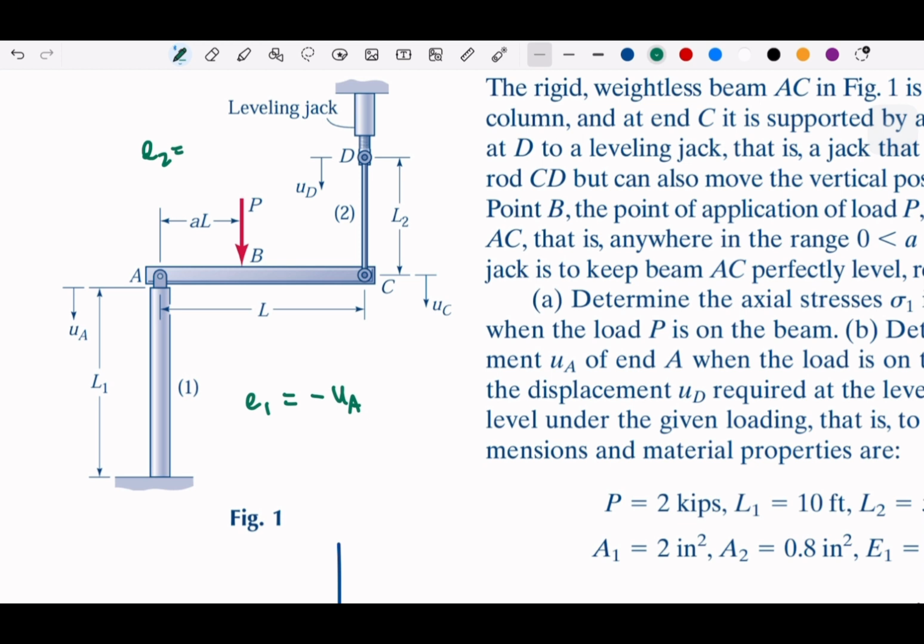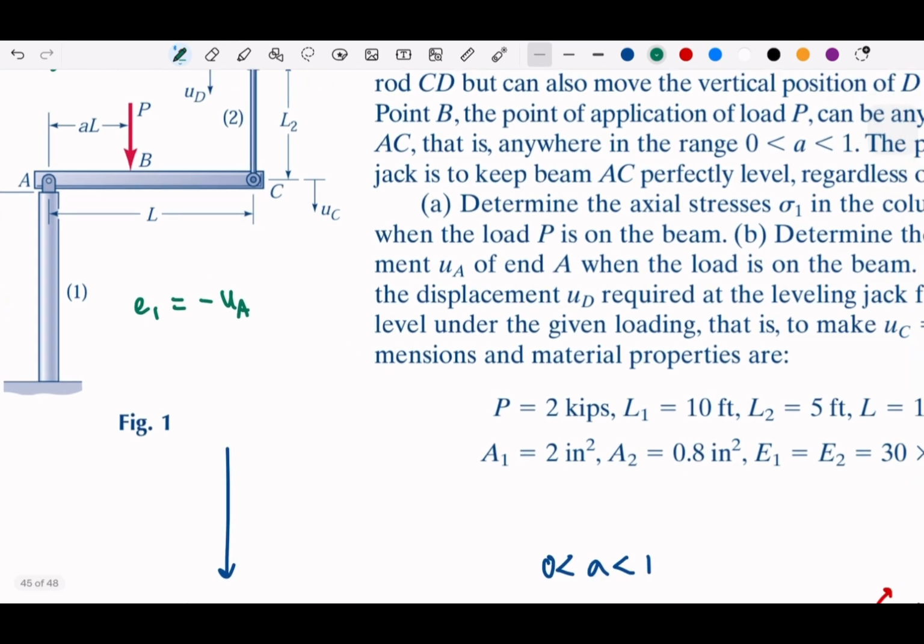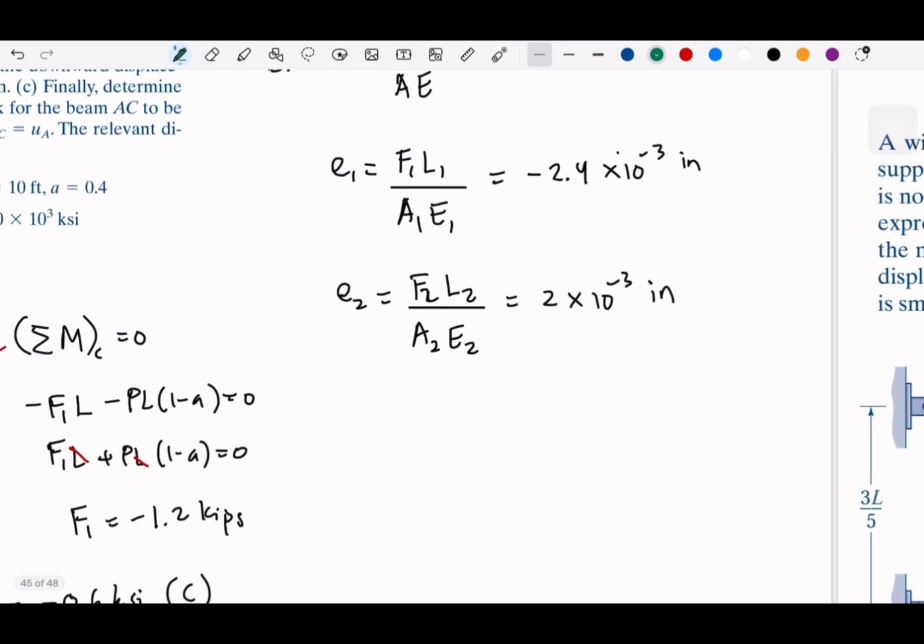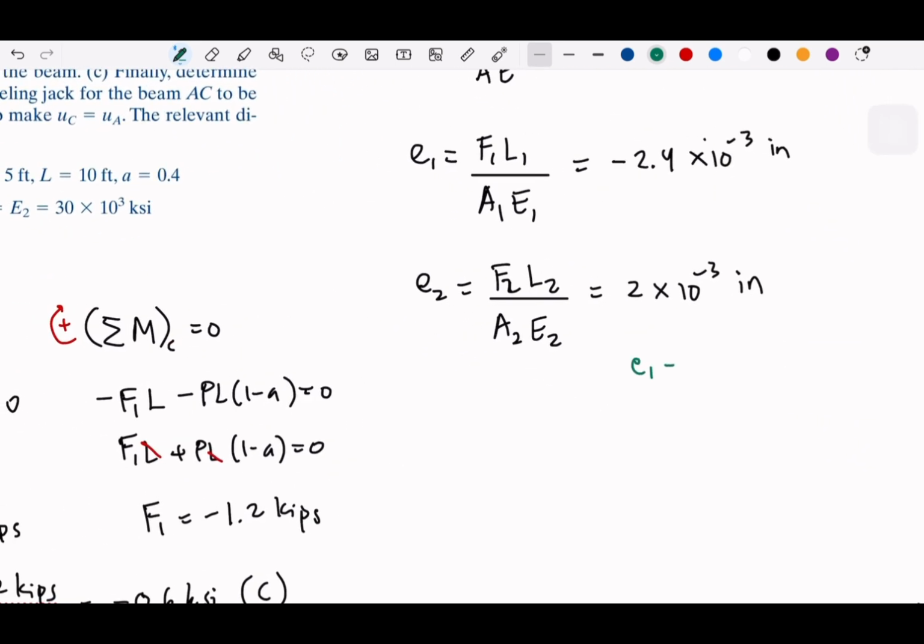If something is shortened on this side, then this is going to be over there, and this will be leveling the AC. So the elongation E2 will be the difference between these two displacements, so this will be UC minus UD. Okay, so here E1 is negative UA, E2 will be UC minus UD.